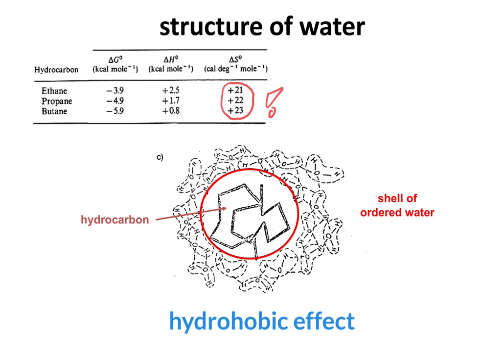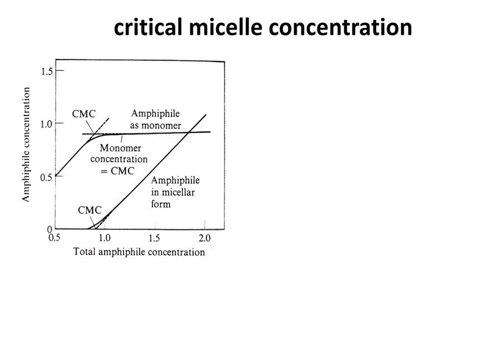Now, in the next step, we look at an experimental observation. In this experiment that is described in this figure, the total amphiphilic concentration has been increased. At very low amphiphilic concentration, to the left of the figure, you will find that all amphiphiles are just dissolved in water. Now, by increasing the amphiphilic concentration, you hit a given concentration, which is called the critical micelle concentration, at which micelles will occur.